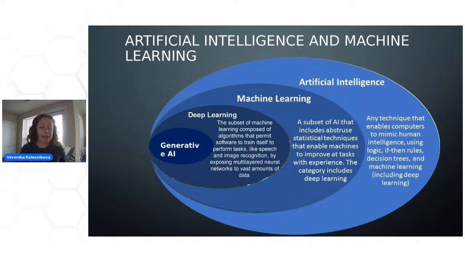And generative AI is machine learning, artificial intelligence tools that can not only get better with experience, but they also can generate new content, something that they never saw, never learned.